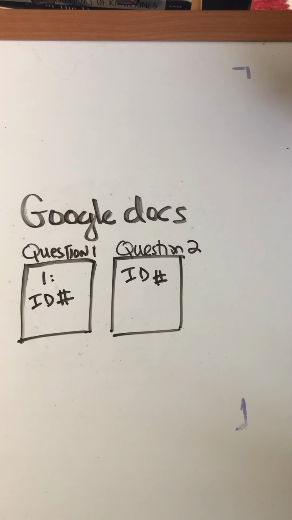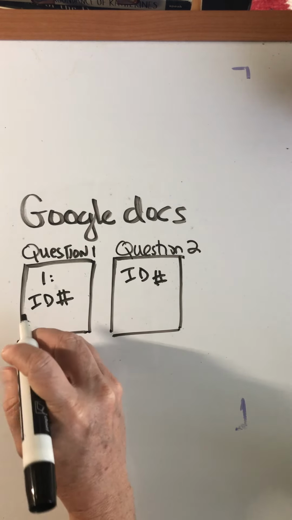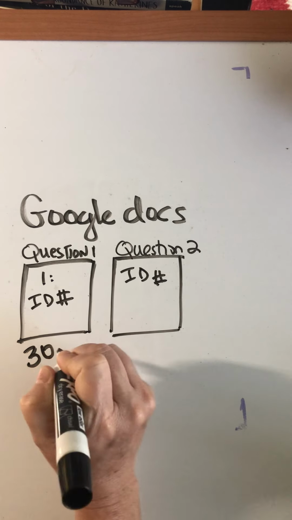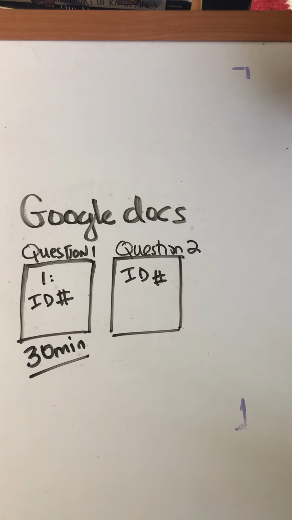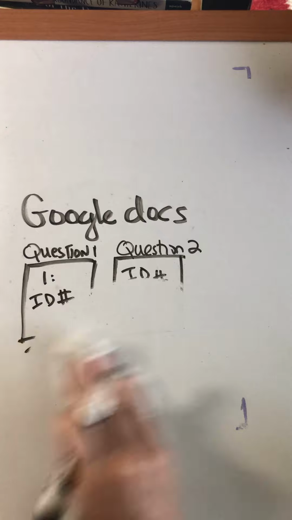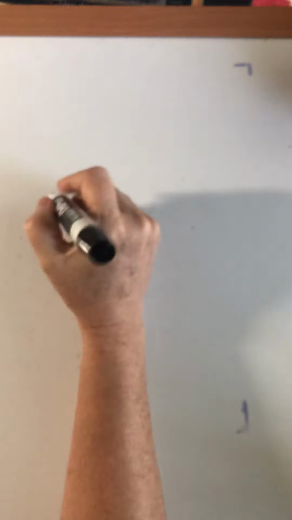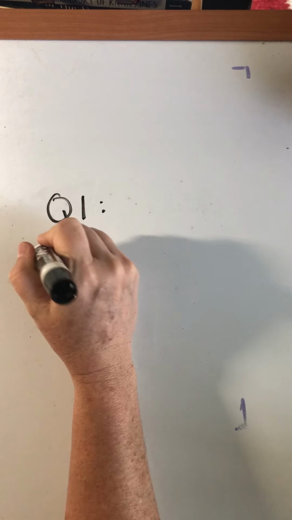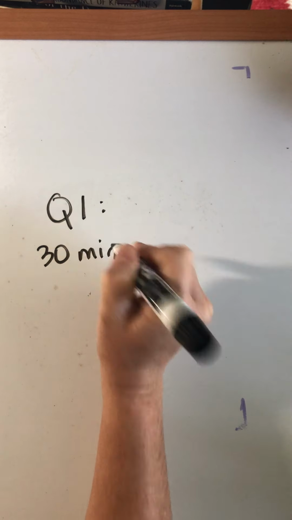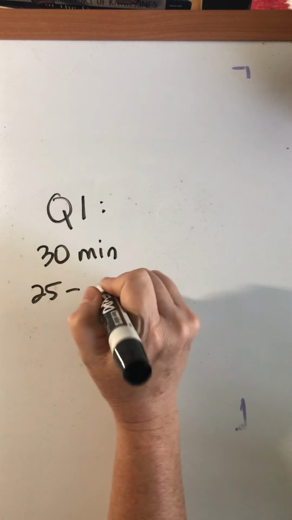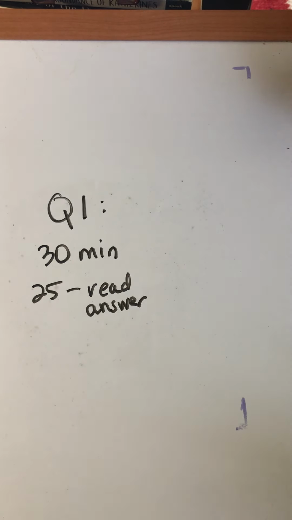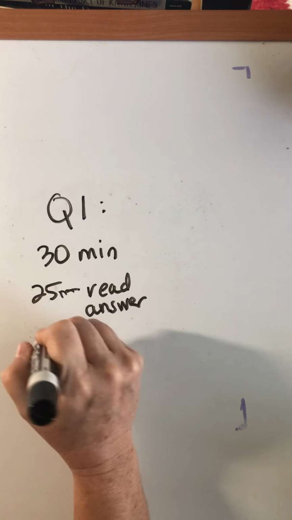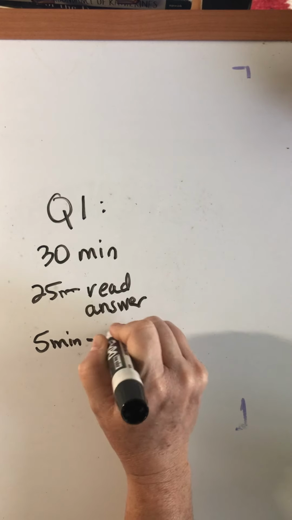All right, so question 1, you get 30 minutes, and there's going to be a timer. The way they're breaking it down is 25 minutes to read and work on your response, and it'll have multiple parts to it, and then 5 minutes to submit.